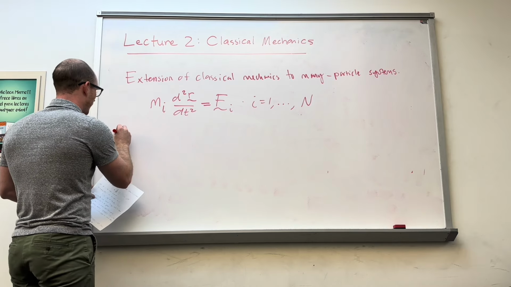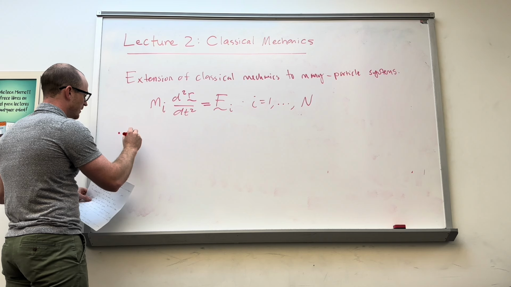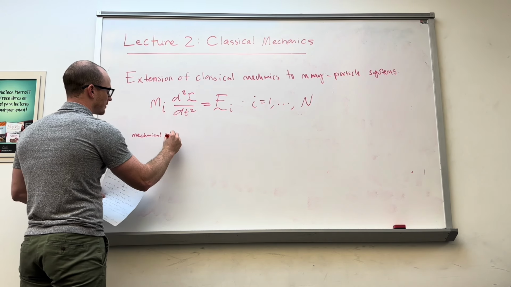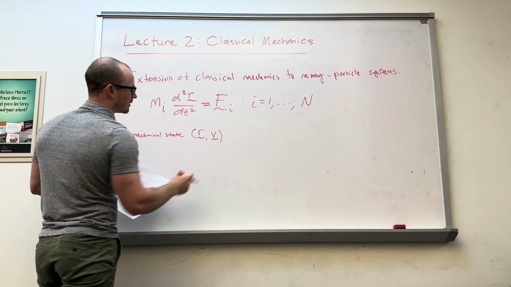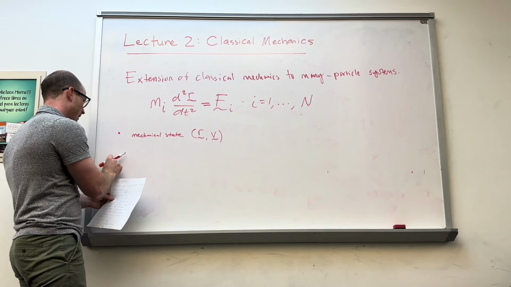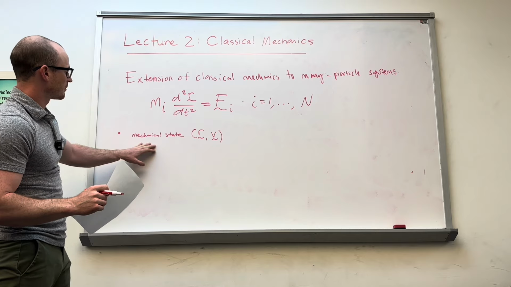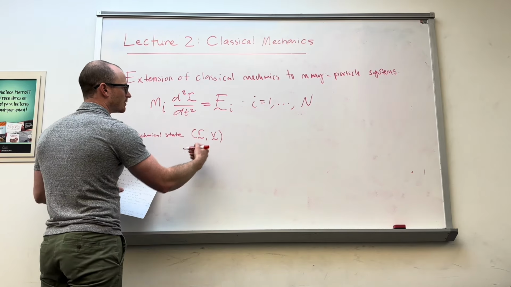Before, with our single particle, we were able to define the state, or the mechanical state, by two variables. The mechanical state was the position and the velocity, or the momentum, depending on how you want to write it and what type of formulation of classical mechanics you care about. But for our single particle state, we could define it by r and v.